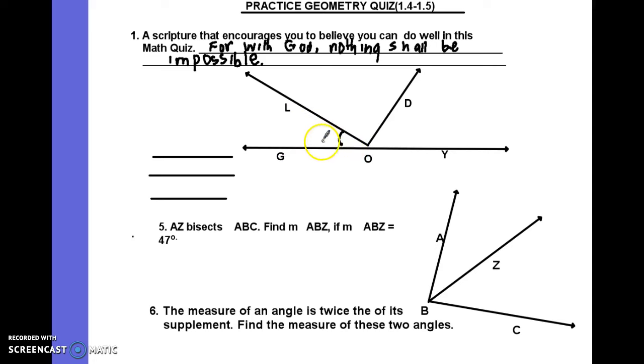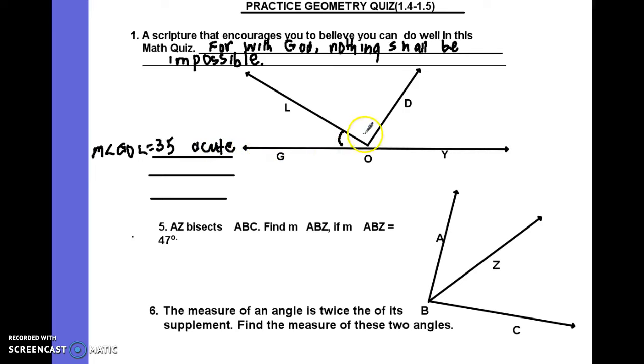When you measure from one ray, you would line up the zero of your protractor along ray OG, and then you measure all the way from this ray: 10, 20, 30, 40, 50, and so on. And let's say it's 35 degrees. I'm going to write angle GOL equals 35, and beside that you would put acute. Okay?